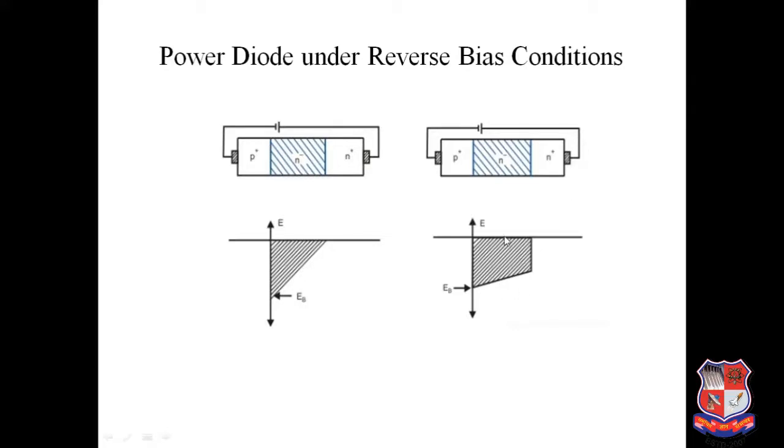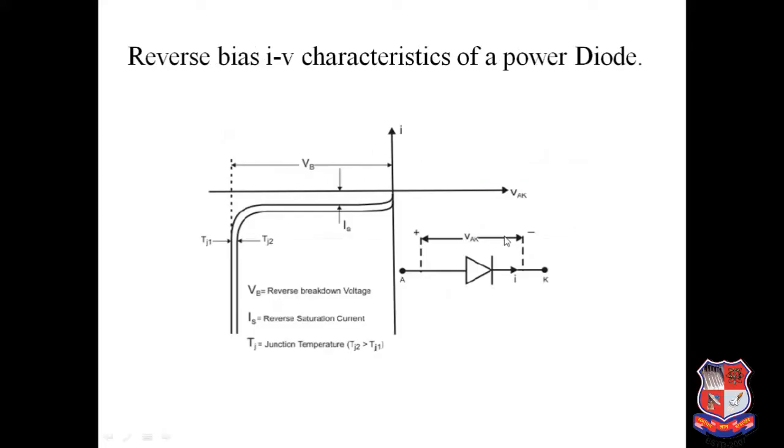Now we will talk about the reverse characteristic. Earlier I told you this is the anode and this is the cathode. Now in the reverse bias condition, in the starting there is a small amount of leakage current flowing.